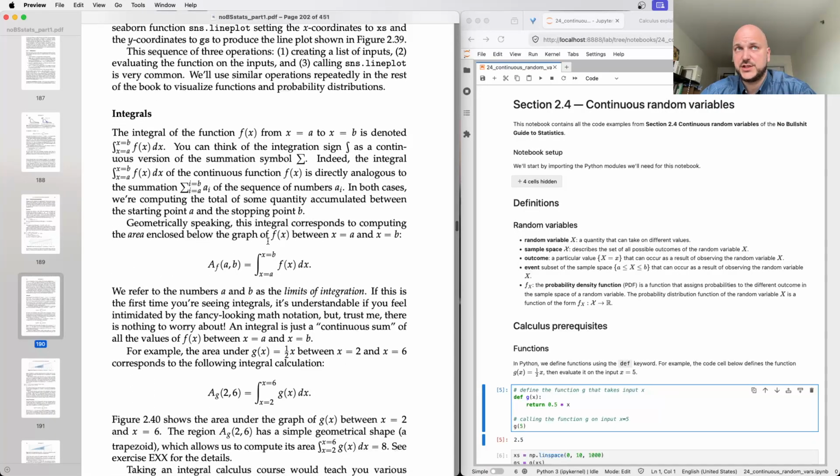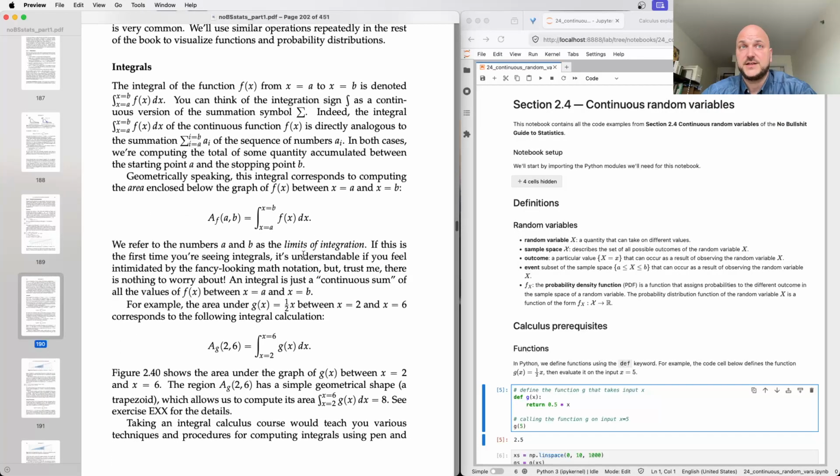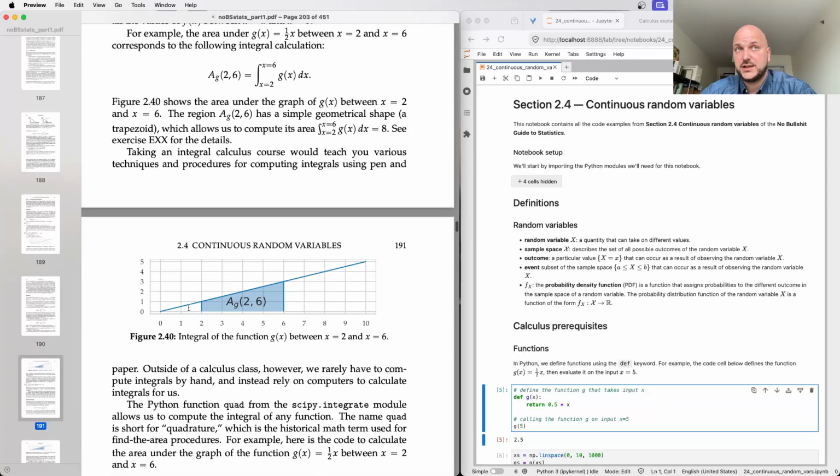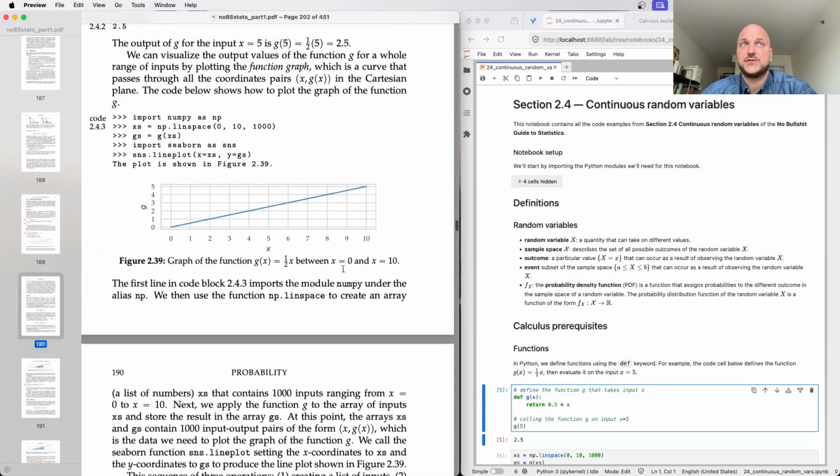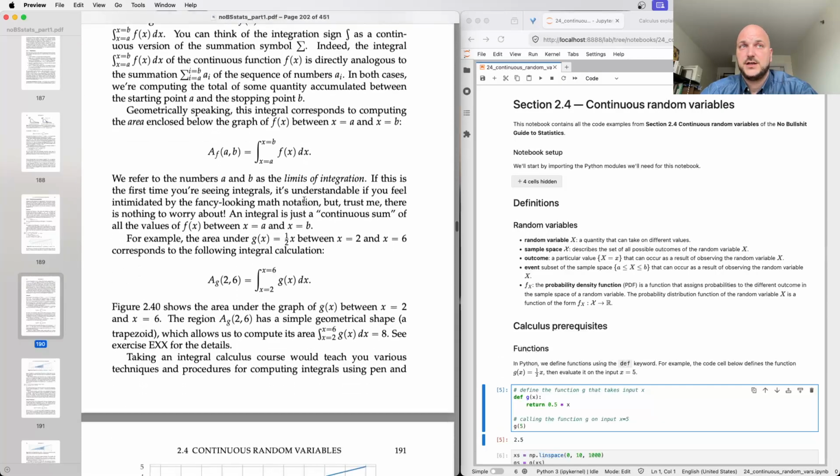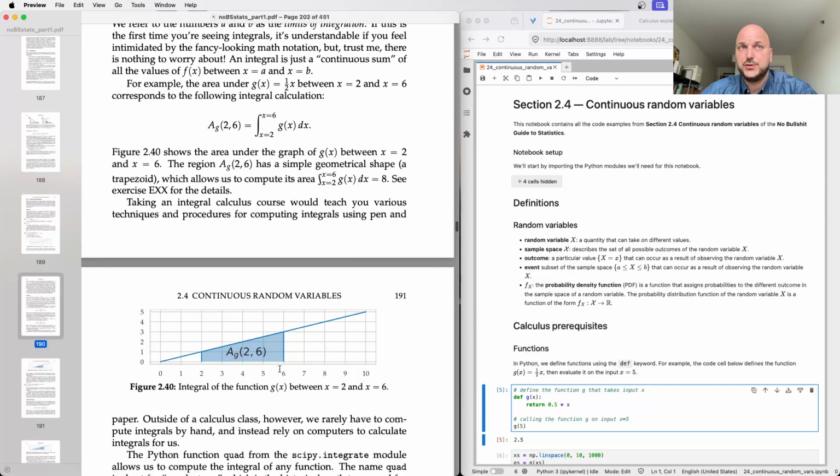Even the notation looks scary. In fact, if you understand what calculus is trying to do, it's just computing areas. So the integral of the function g, between the input 2 and 6, that area here, we write it like this.